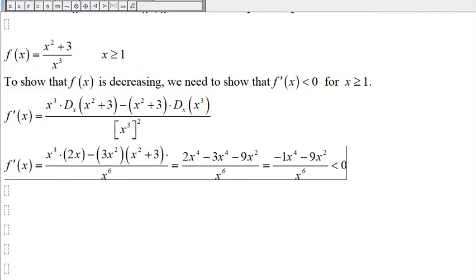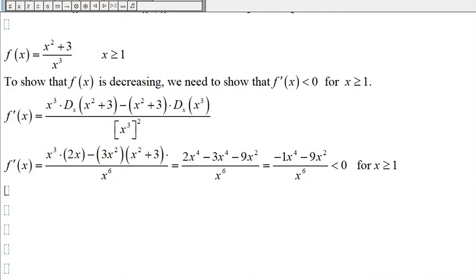And this will always be negative, because the x to the 6 is always going to be positive, and then the negative 1x to the fourth is negative, and the negative 9x squared will also be negative. And so the top will always be negative, the bottom will always be positive, and therefore this quotient will be negative for x greater than or equal to 1.